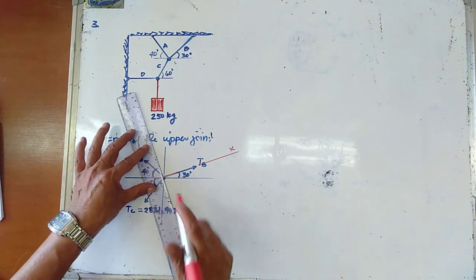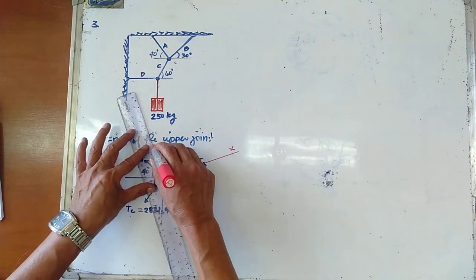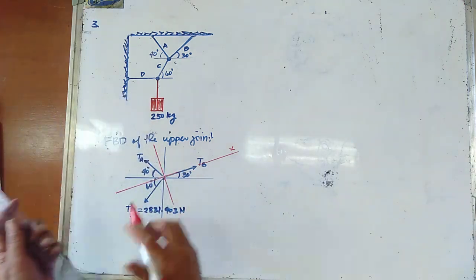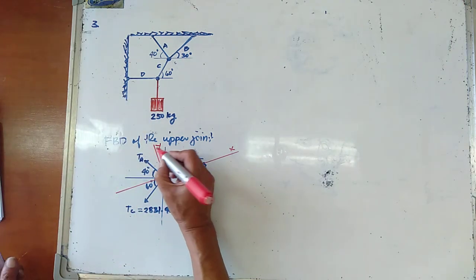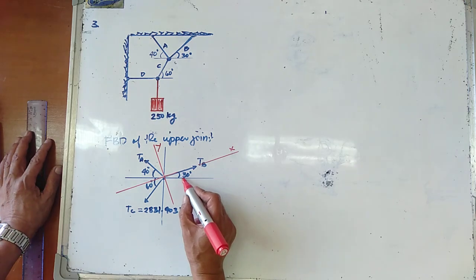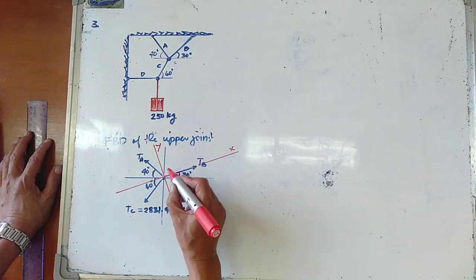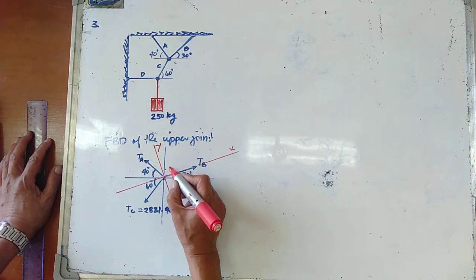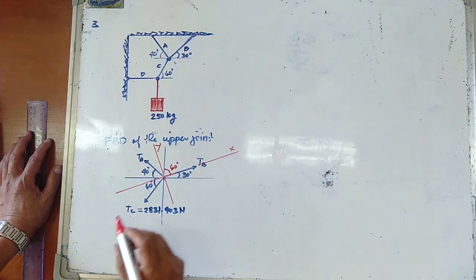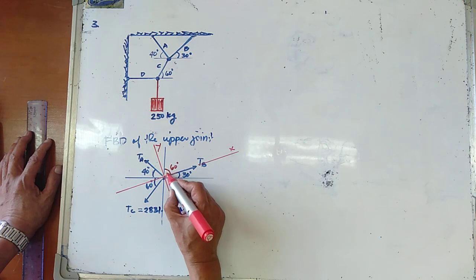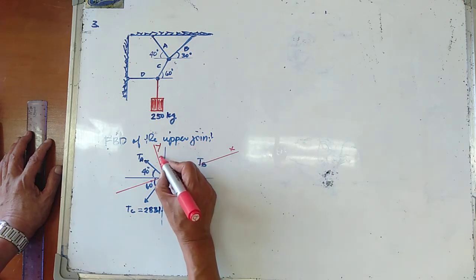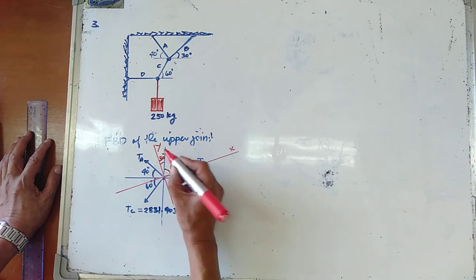If this one is 30 degrees, hence this angle is 60 degrees. So this one is 90 minus 60, hence that one is 30 degrees.